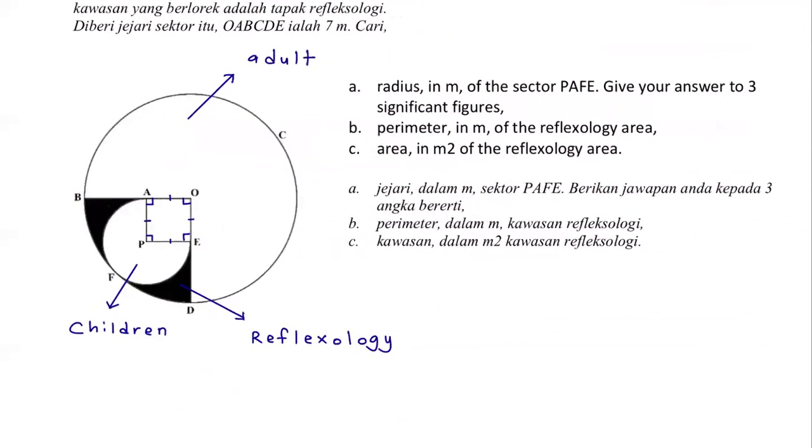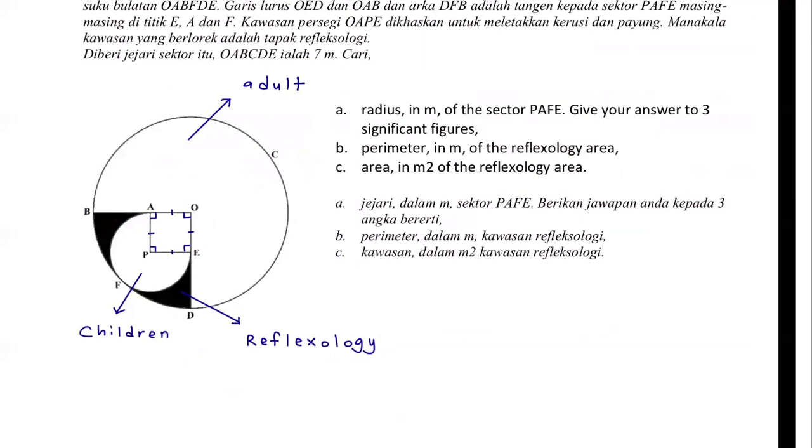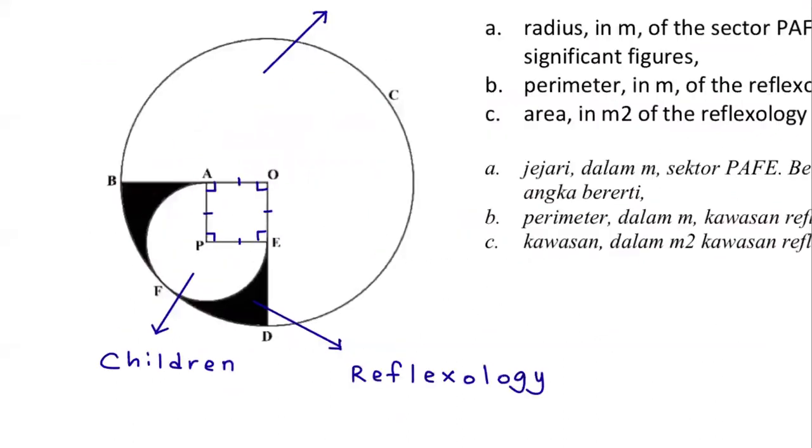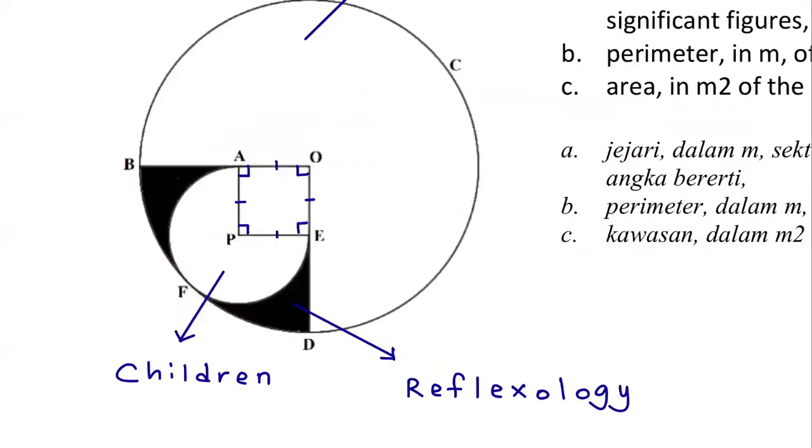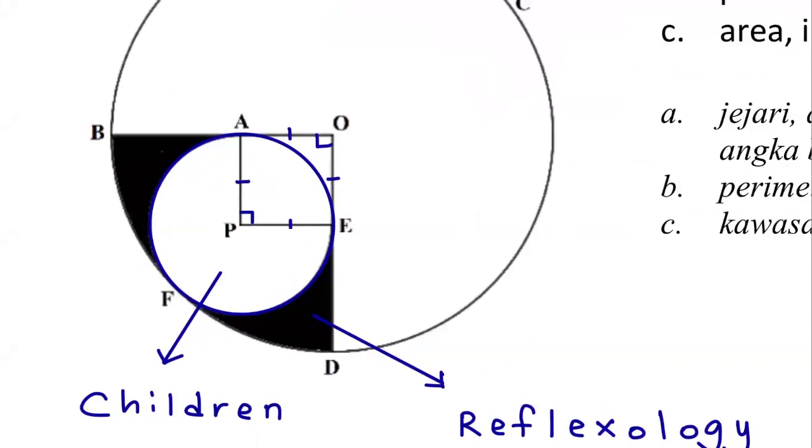Okay, come, we're going to start with the first question. They ask you to find the radius of the small circle inside there. Okay, fine. Give me a second, guys, I draw for you nicely here. Okay, I think you can see the circle I drew. Then I'm going to take a different color.